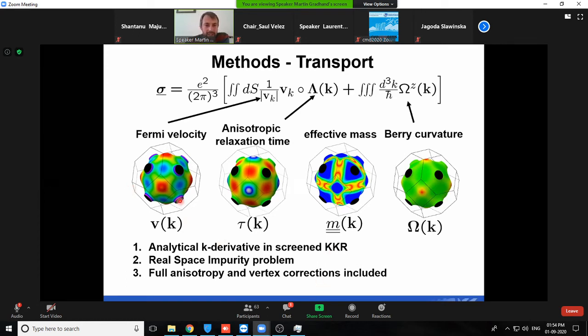So here's an example of the anisotropic Fermi velocity on the Fermi surface, the anisotropic relaxation time, the effective mass on this Fermi velocity, and this is how the Berry curvature of copper, for example, would look like. So it's important to take all this anisotropy into account to actually describe real materials.